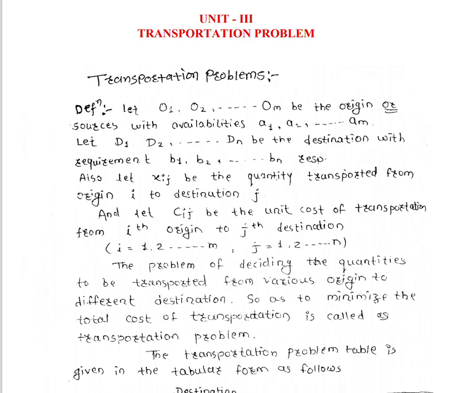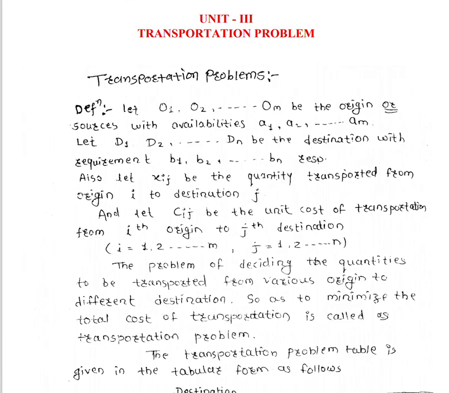We know that in the market there are so many commodities, for example computers, laptops, and so many other products available. Those products we have to transport from one place to another place. For that we require an origin, that means the source of the commodity, where the product is produced.